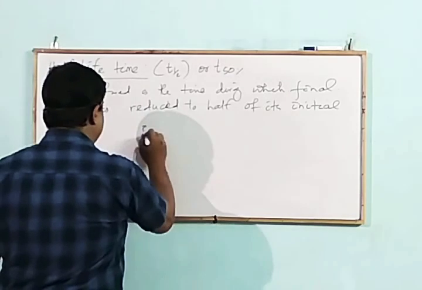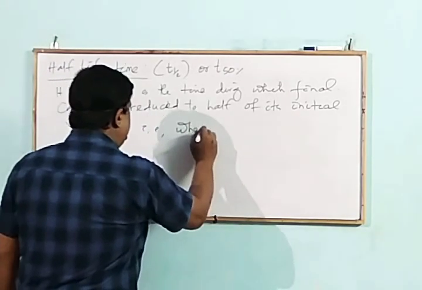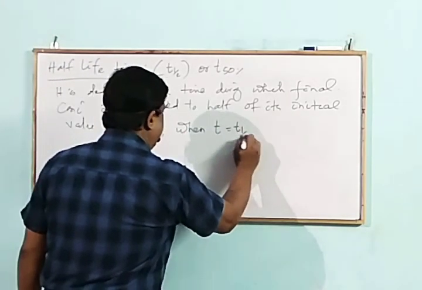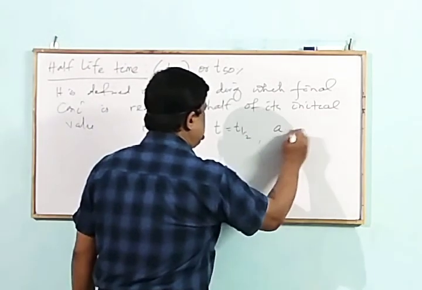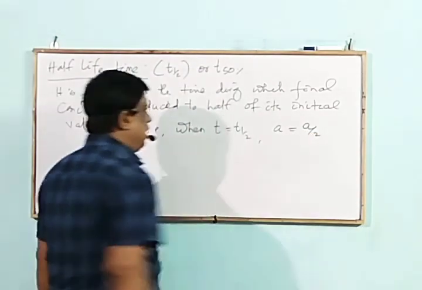So mark that. That means when T is equal to T half, the concentration becomes A by 2.